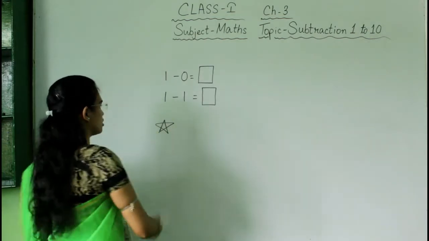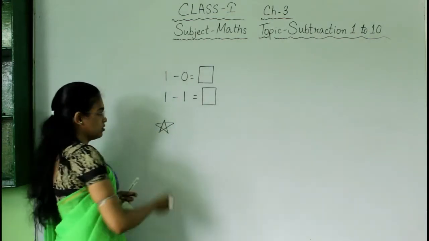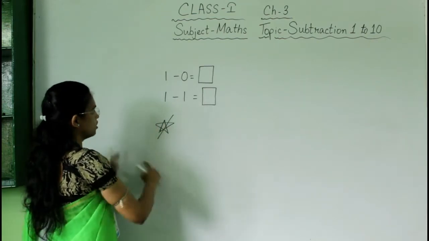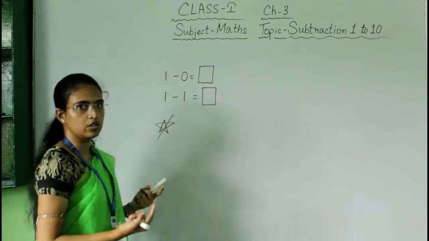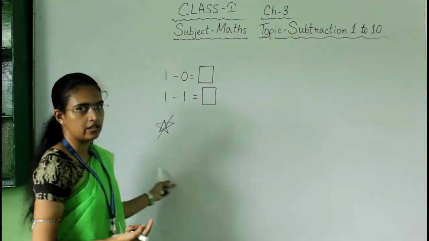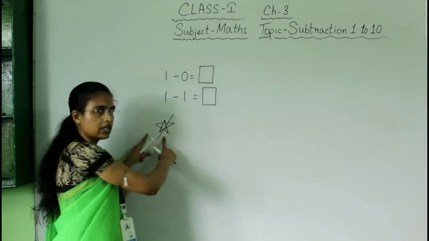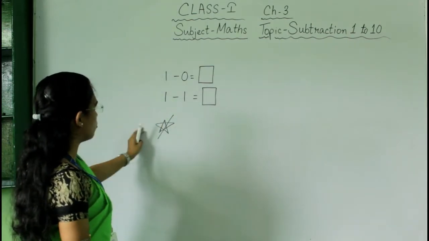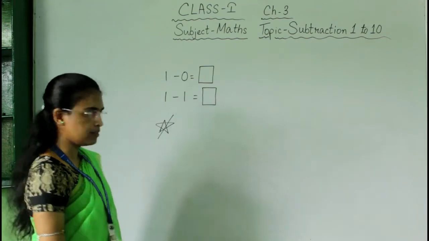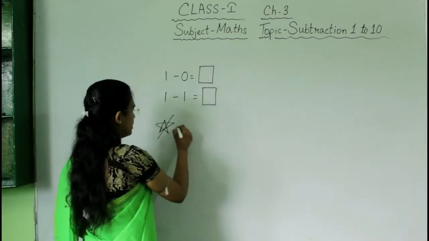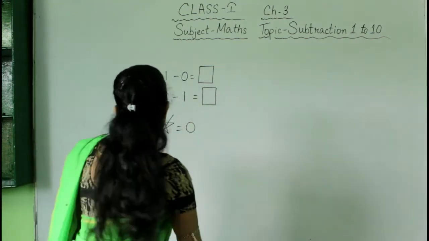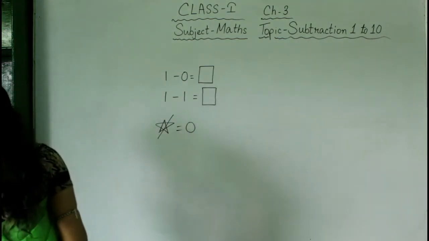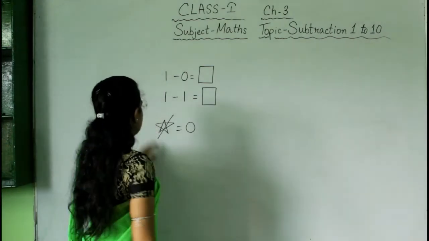Then how many stars are left with you? If you give this star to your sister, then how many stars are there with you? No stars, right? You have only 1 star and you gave it to your sister. So how many stars do you have now? Nothing, right? That is 0.